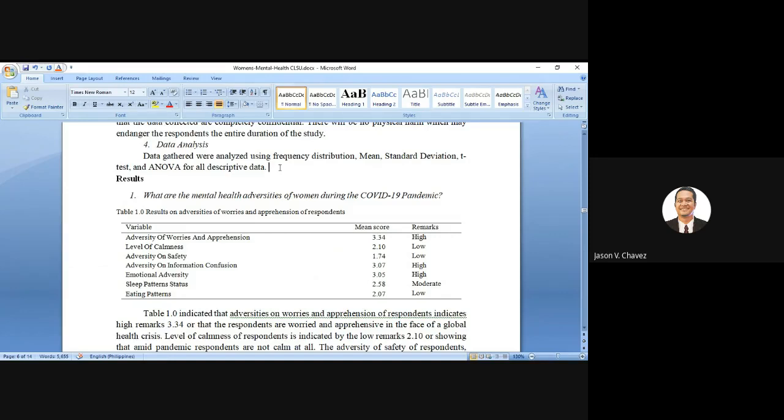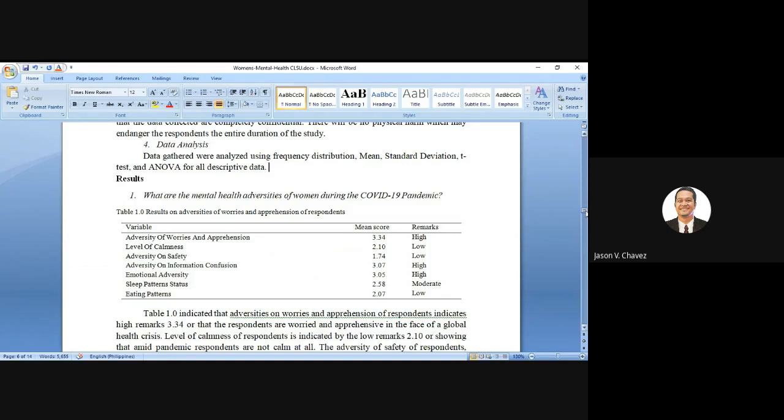Different data analysis are also made for some other forms of ethnographic research, traditional research. But then we're not going to talk about that. It's going to be very complex already.